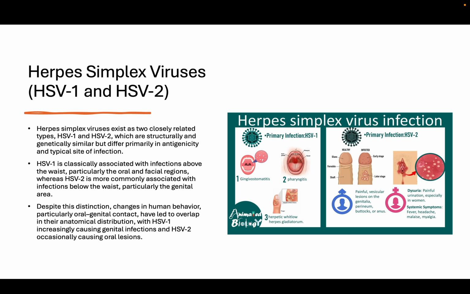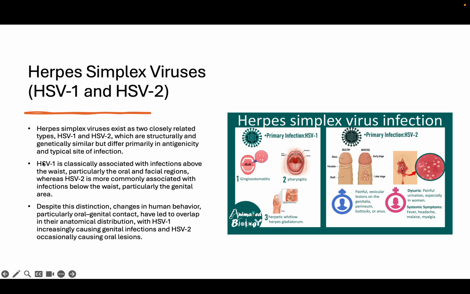It's almost impossible to know the difference when you look at them under a microscope. They differ in their antigenicity, meaning their surface proteins have slightly different sequences. That's the smallest difference between HSV1 and 2, but these small differences can change their tropism a bit.